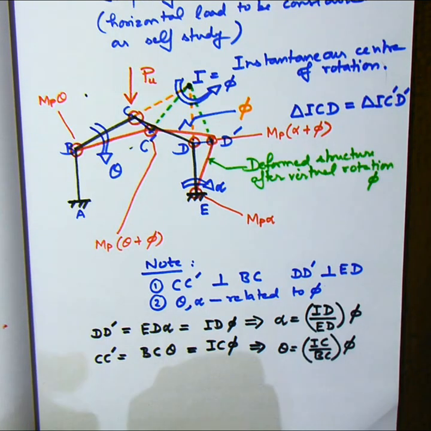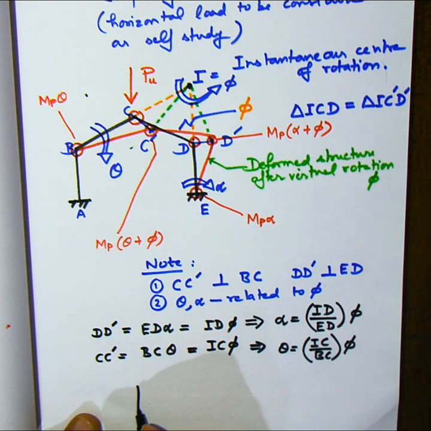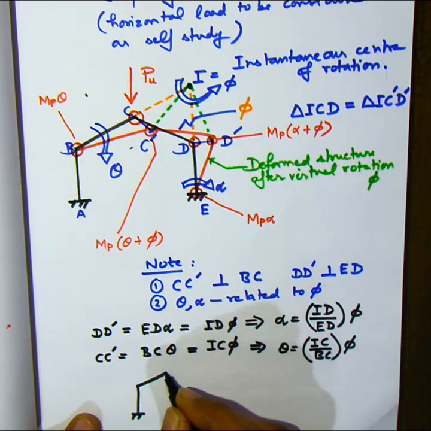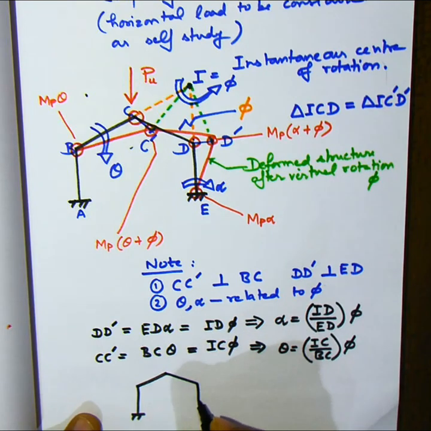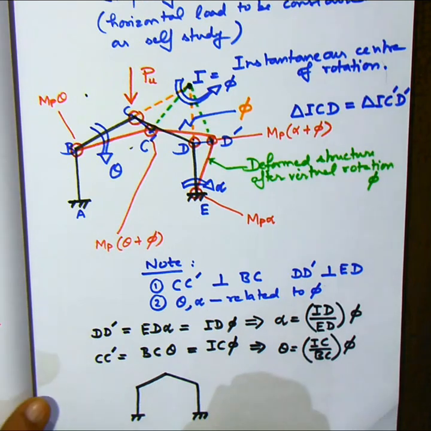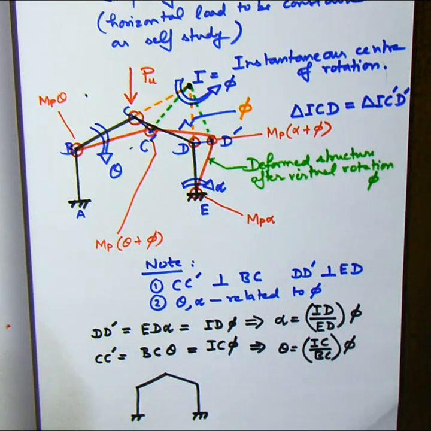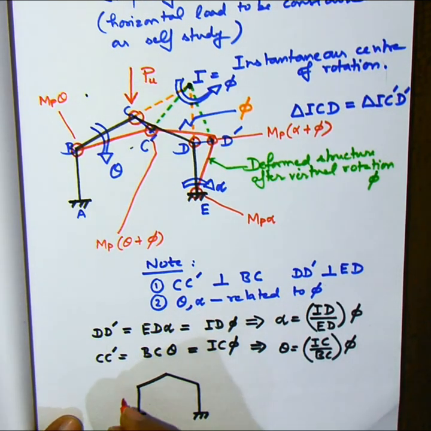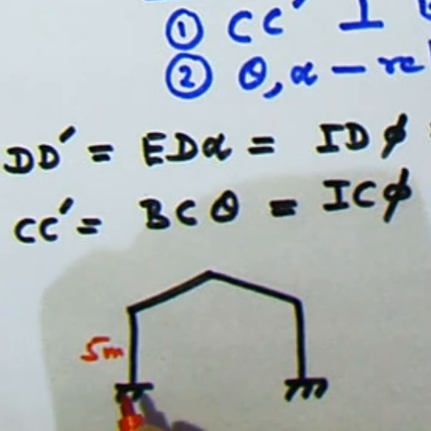But now we need to just use the trigonometry and find out the lengths of this triangle involved. For that purpose, we just draw the structure again and try to find the various lengths. So let's assume some dimensions for simplicity.